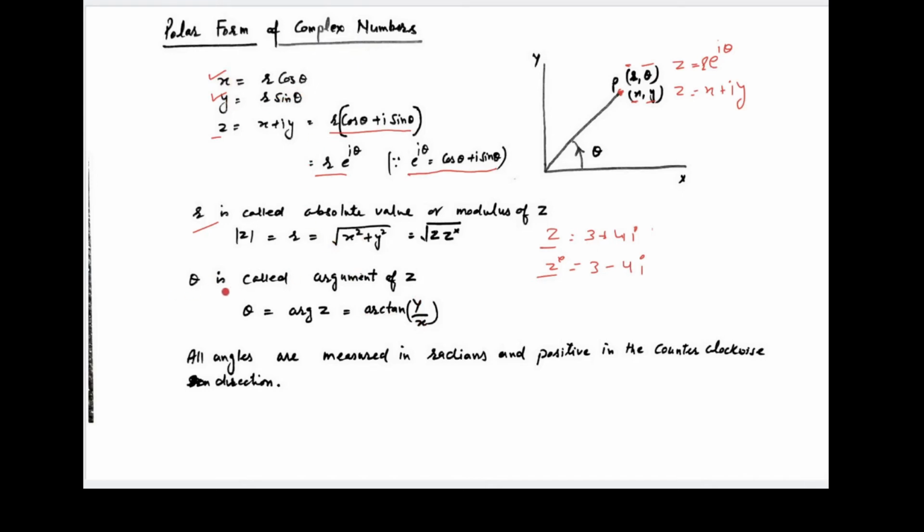So we can find out theta. Theta is called argument of z. All angles are measured in radians. Radian is a unit of angle, and angles are taken positive by convention along counterclockwise direction.